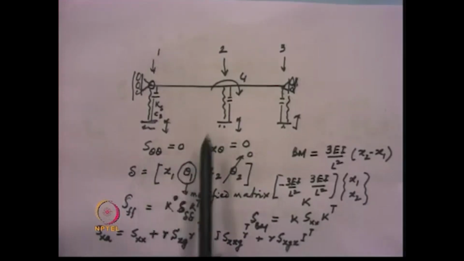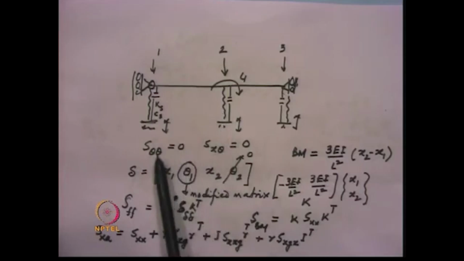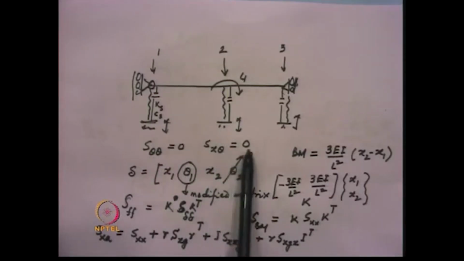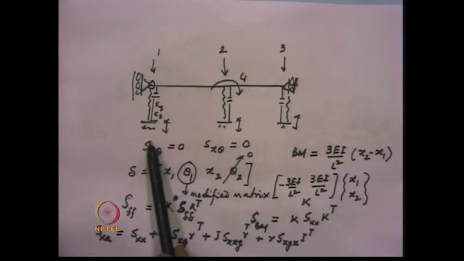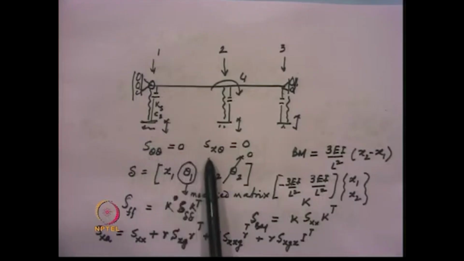So, if there is no rotation, then S theta theta will be 0 and S x theta also will be equal to 0. That is, the power spectral density function of the rotation and the cross power spectral density function of the rotation and displacement will be equal to 0.